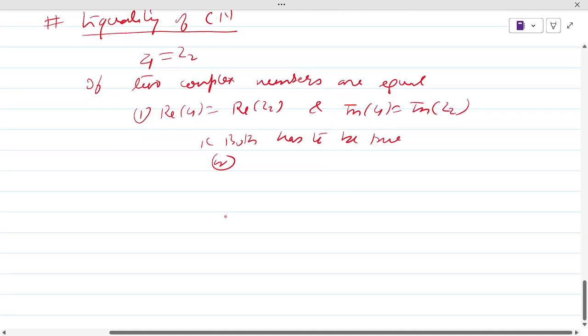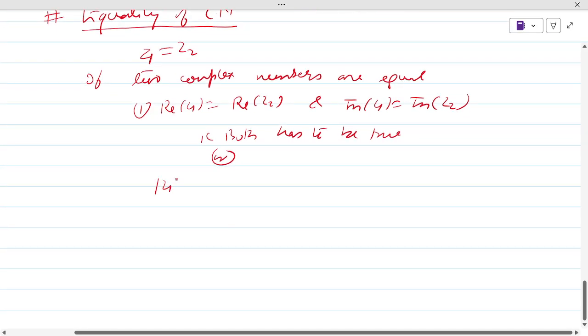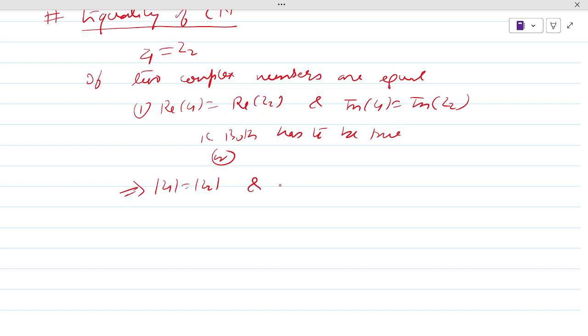That means we can write it like this: the modulus should be equal and the argument should be equal. That means either both real and imaginary parts are equal, or their modulus and their arguments are equal. When a problem arises, we can use either the corresponding real and imaginary parts, or the corresponding modulus and argument.